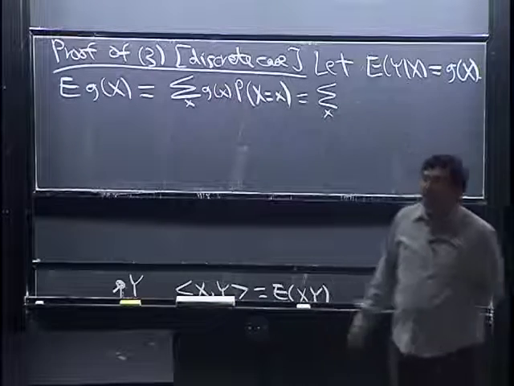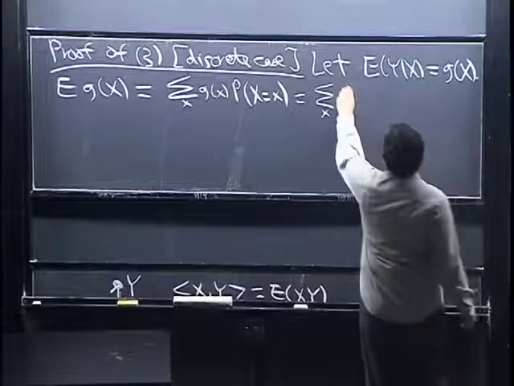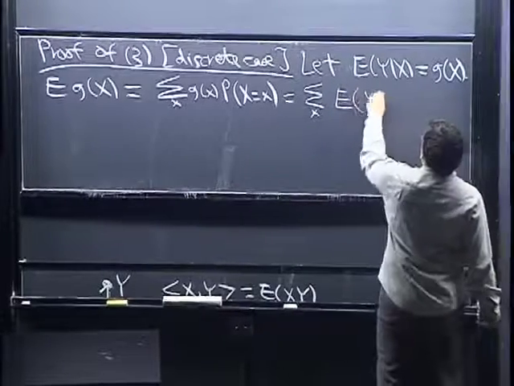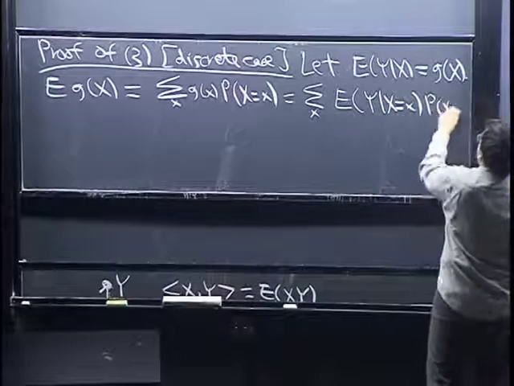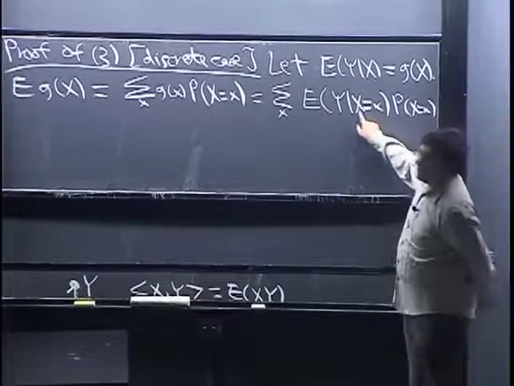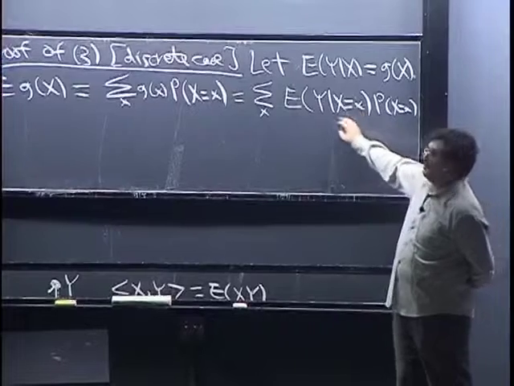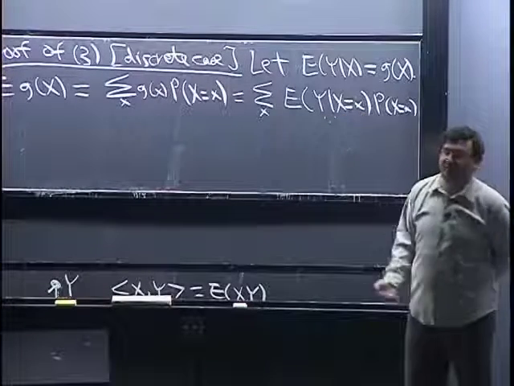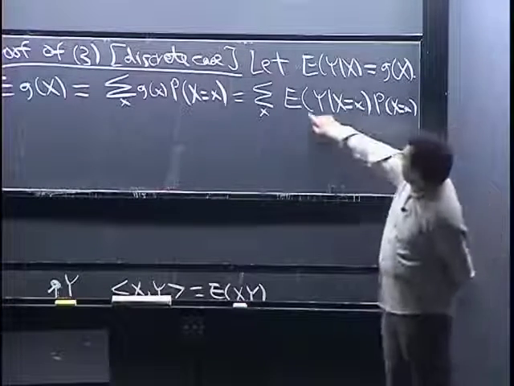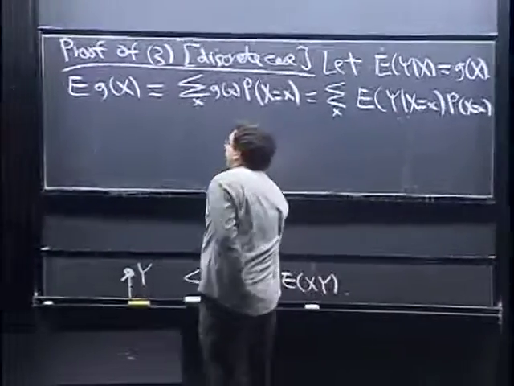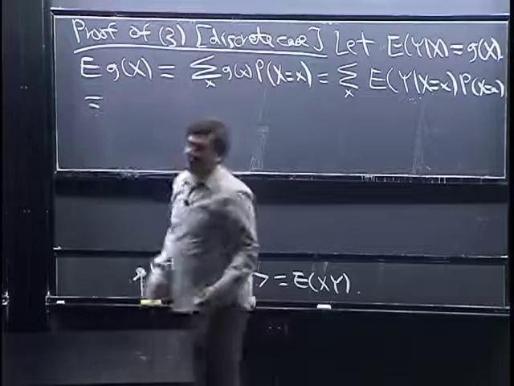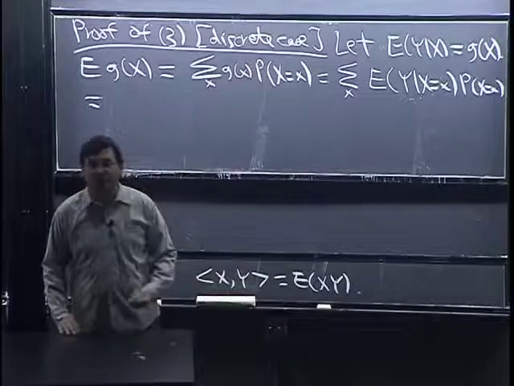G of little x is E of y given, this is how we define conditional expectation, we started by conditioning on big X equals little x, call that g of x, then we changed little x to big X to get g of capital X. So that's just what g of little x is. Okay, so I just used the definition. So far, all I've done is use LOTUS and use the definition.